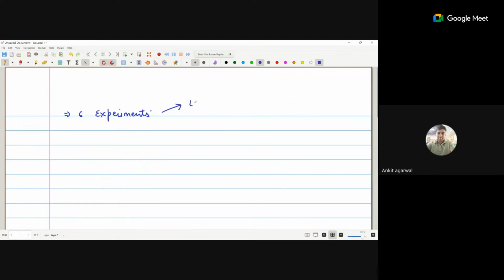One is the LTspice. I don't know how many of you are aware of LTspice, but that is a simulation tool for electronic circuits.